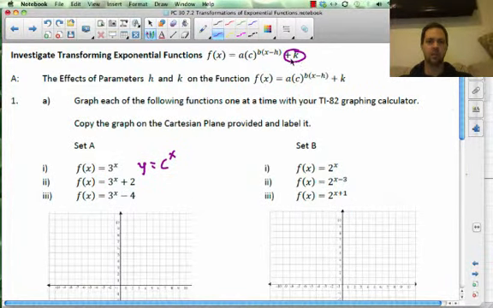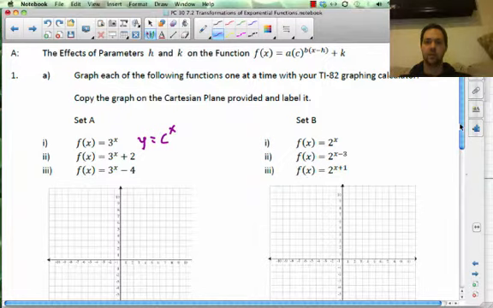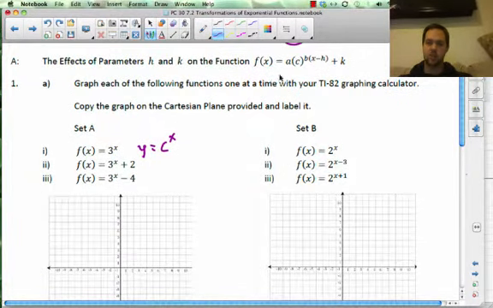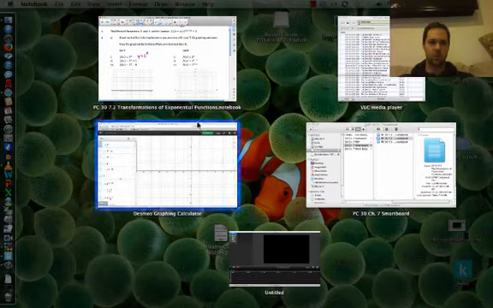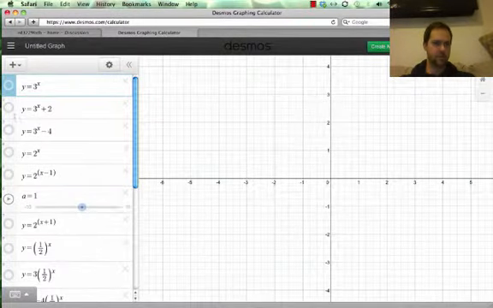It does the same thing as the k we've looked at in every other function that we have transformed this year. Now let's take a look at the effect of h. This one's a little different from something we've seen in the past because it's contained in an exponent. So let's find out what happens. We're going to take a look at these three functions. Again, we're starting with a regular y equals c constant to the power of x variable, and we're applying a certain shift.